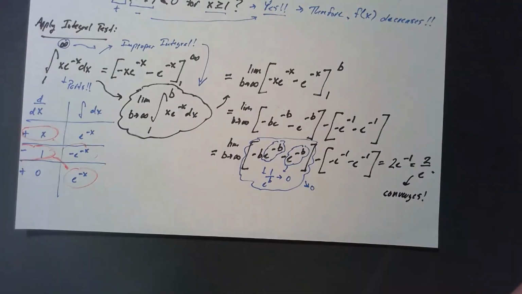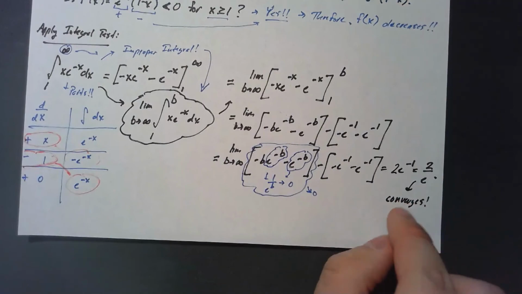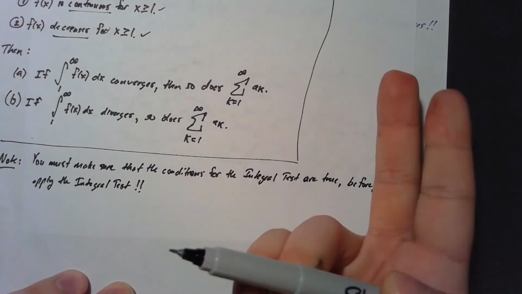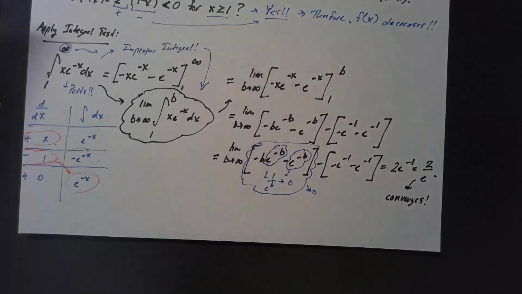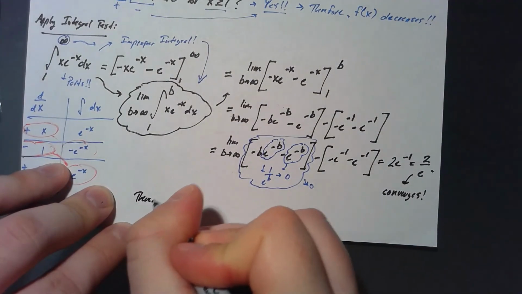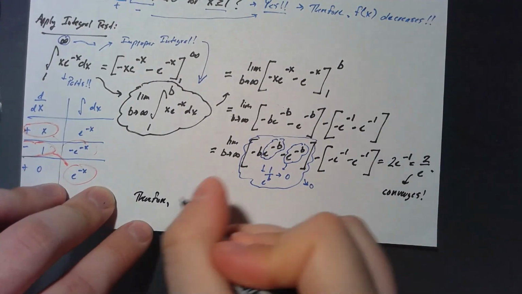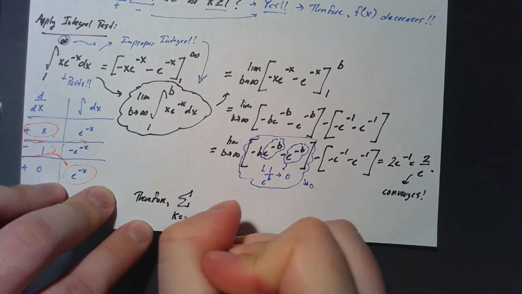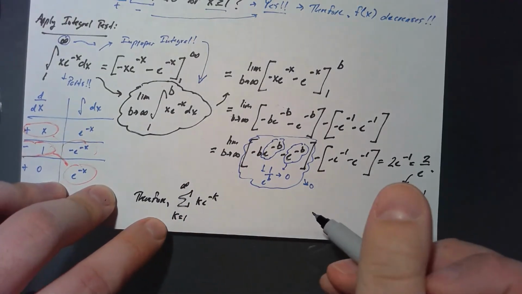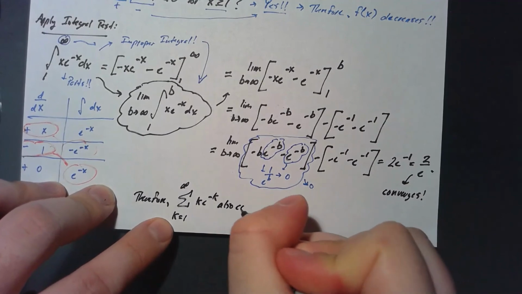So since this integral converged, we could say, therefore, the series k equals 1 to infinity of k times e to the negative k also converges.